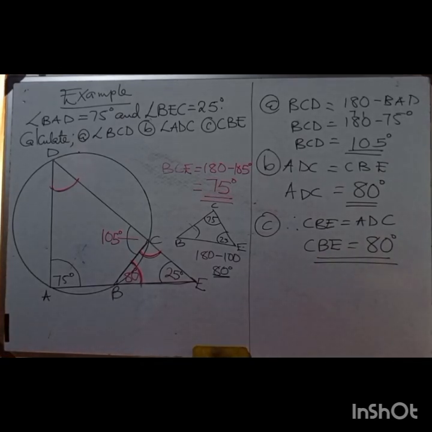So this is the way we handle such kind of questions. How did we find question number A? Because of opposite interior angles. How did we find question number B and C? Because of exterior and opposite interior angles.